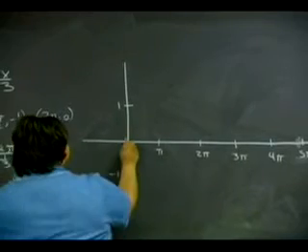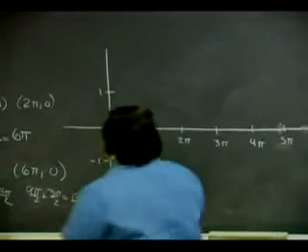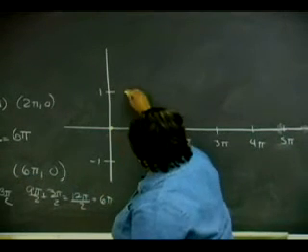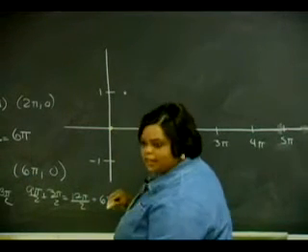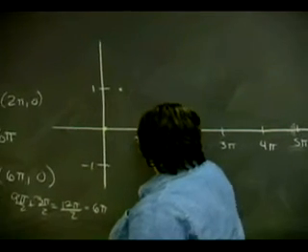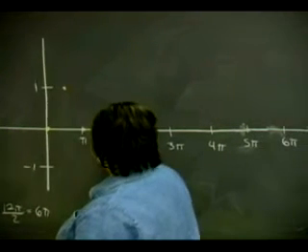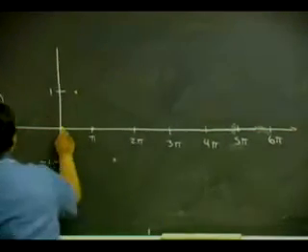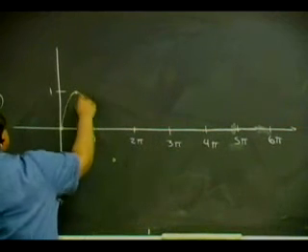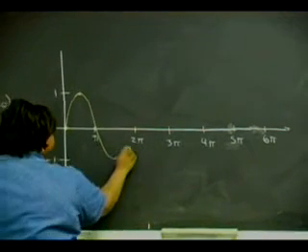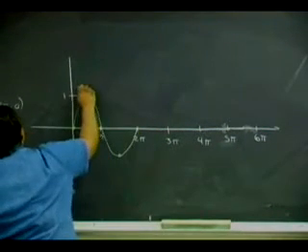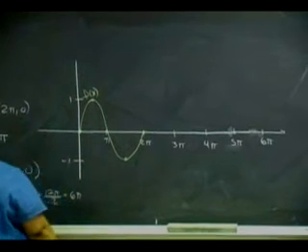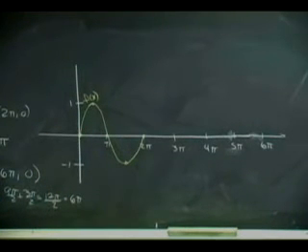I have 0, 0. I have pi over 2, 1, which is somewhere halfway there. Okay? I have pi, 0, and I have 3 pi over 2, -1, and 2 pi. So this is my basic sine graph. This is f of x. What is g of x?